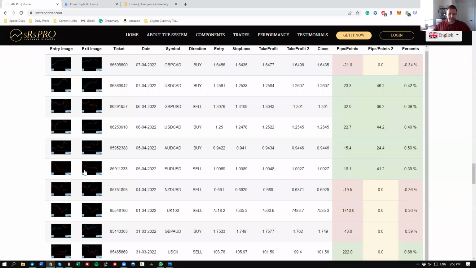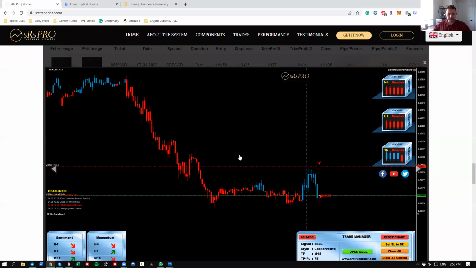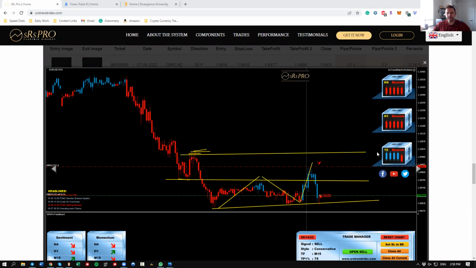On the euro dollar, the ABCD came into play. We got a correction back, and again, look, this is a downtrend, and the support now becomes the resistance, and the high behaves as the supply zone.